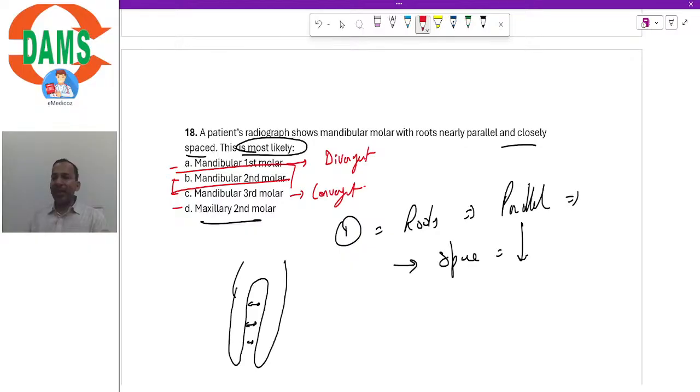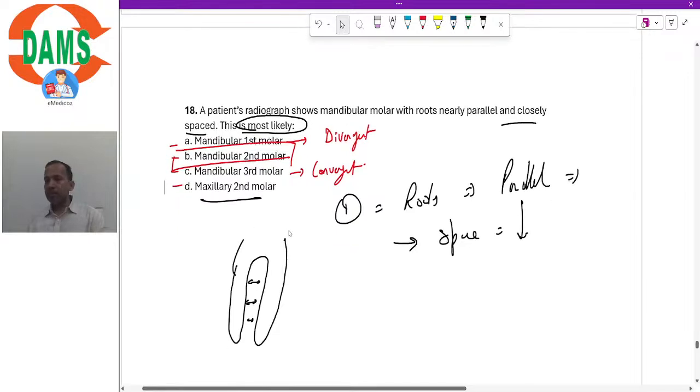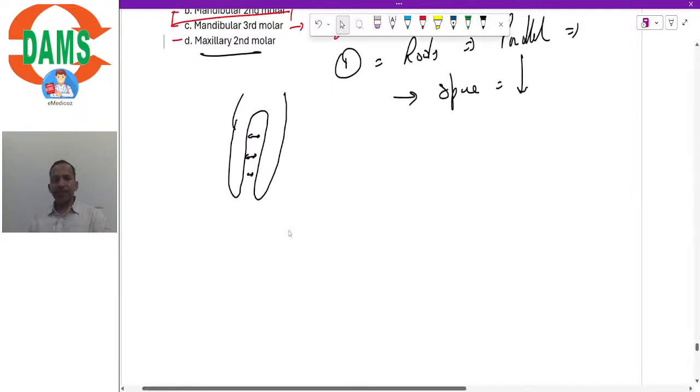So most likely the tooth in the question is mandibular second molar and not first or third molar. Is it clear? Fusion could be found in the first molar, second, or third as well. So it could be anyone, but most likely it is second molar, right?